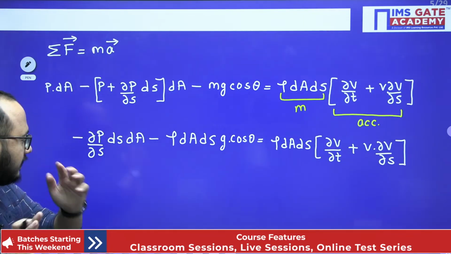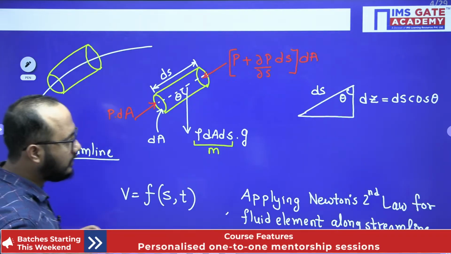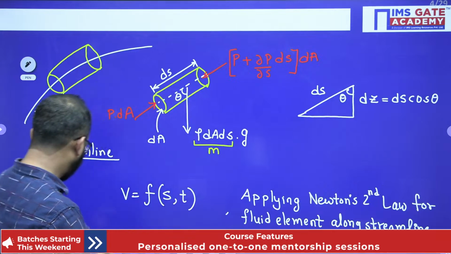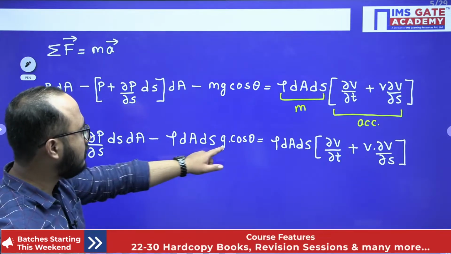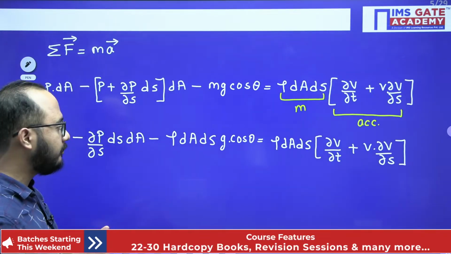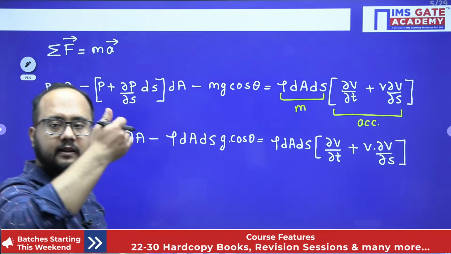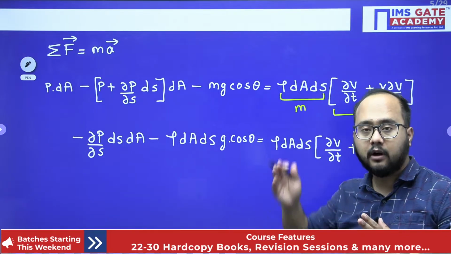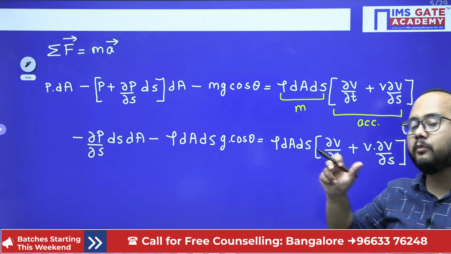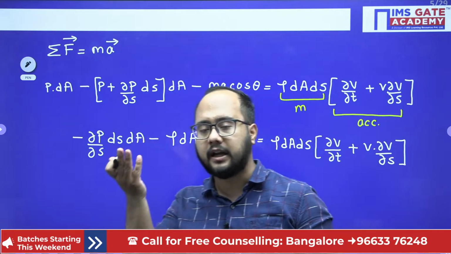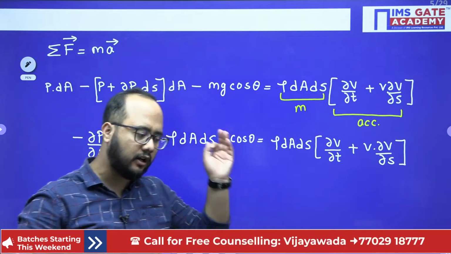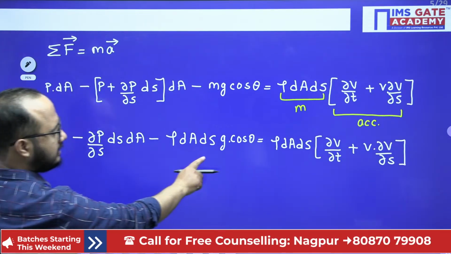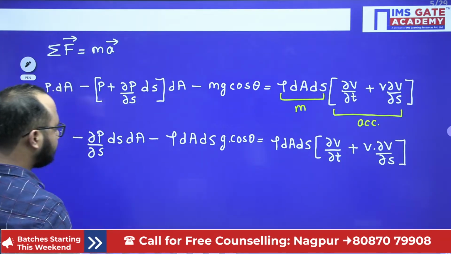Now, a very important point here: what I have written, ds cos theta, as what? dz. Okay, dz we have written. So ds cos theta is there, so I can write dz because I want to have this height in the vertical direction. That's why I am preferring dz, because it is in the vertical direction, but ds is along the streamline. To make it simpler, I am taking the vertical direction. So I will change this ds cos theta to dz.